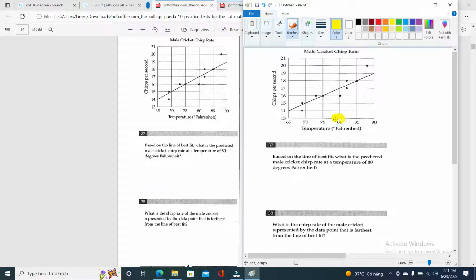This one is actually 80, and you just go up to the line of best fit and find the corresponding Y. So in this case it is actually 17.